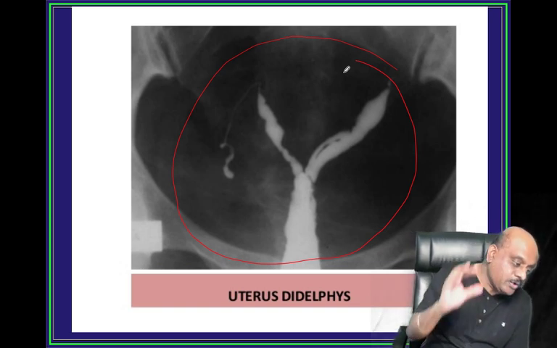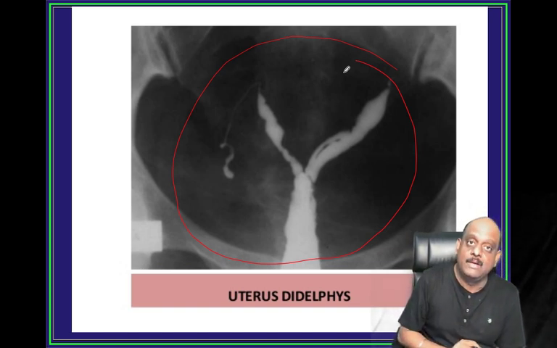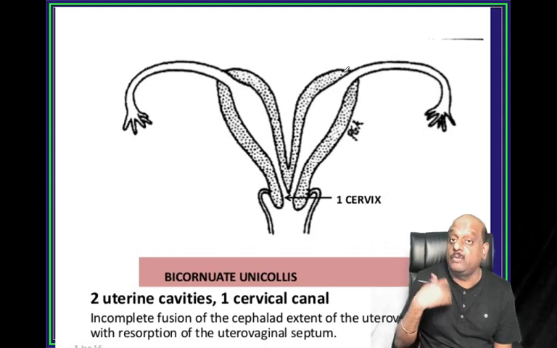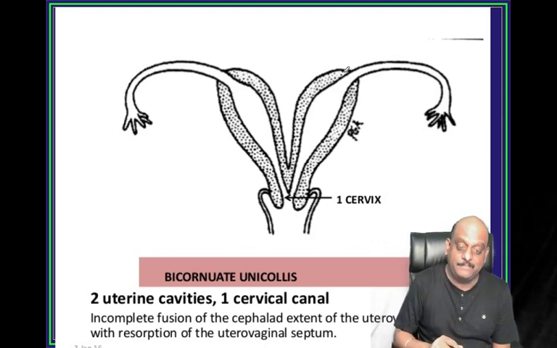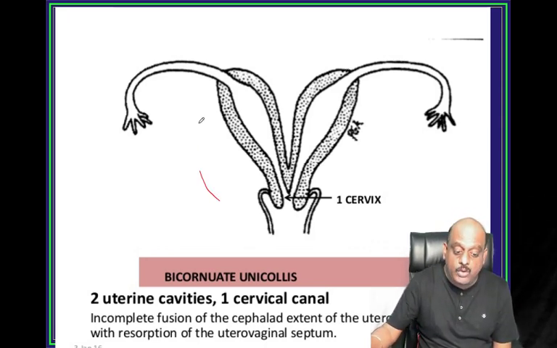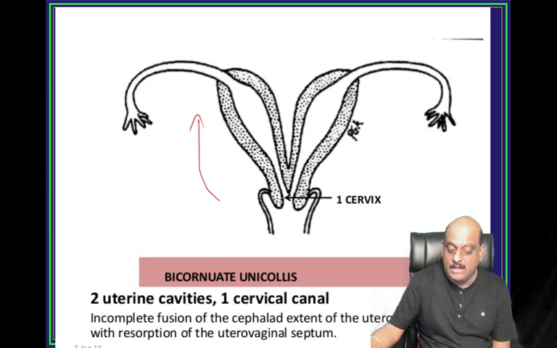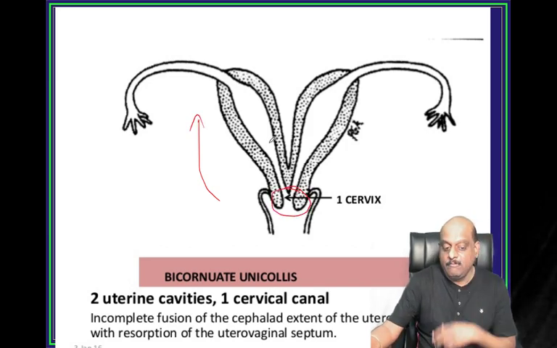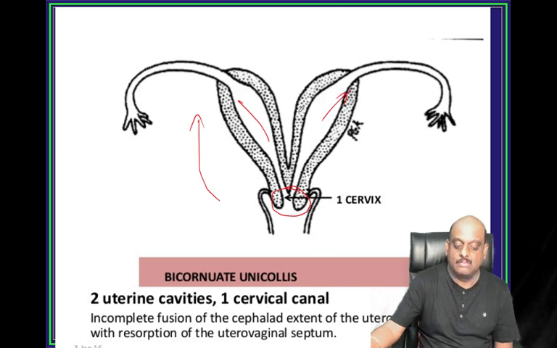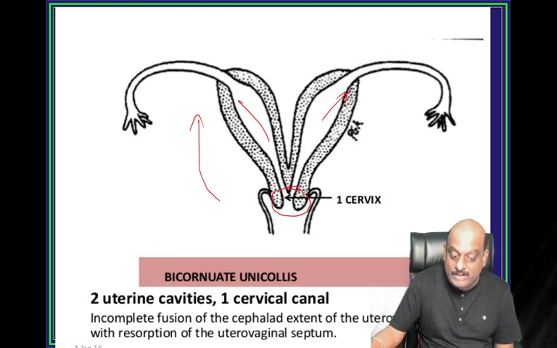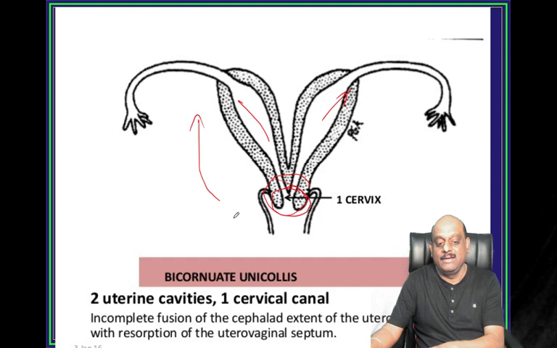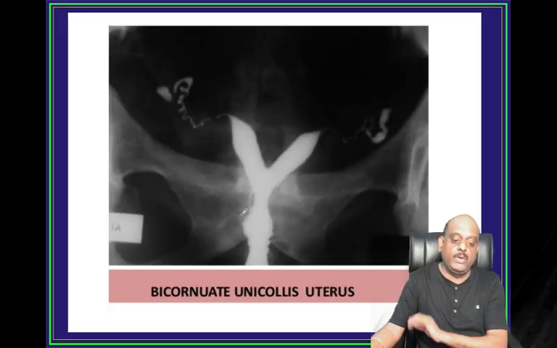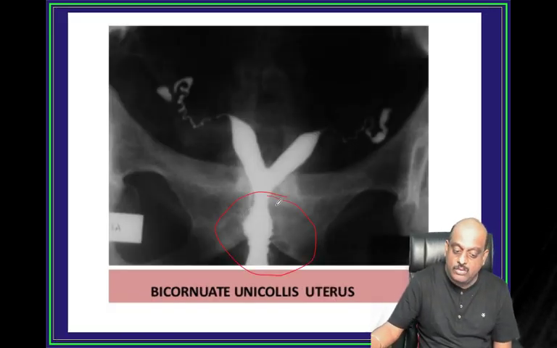Tomorrow, the examiner is going to give you one hysterosalpingogram image and ask you to identify which Mullerian abnormality it is. Bicornuate unicollis means the cervix is only one, but you have 2 uterine cavities and 1 cervical canal. So this is how bicornuate unicollis typically looks.